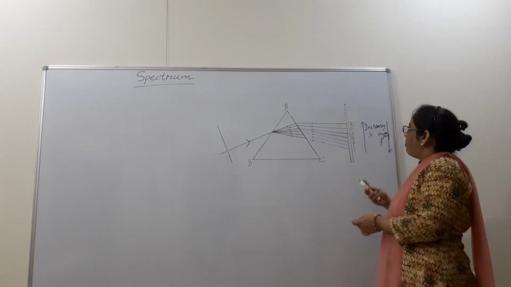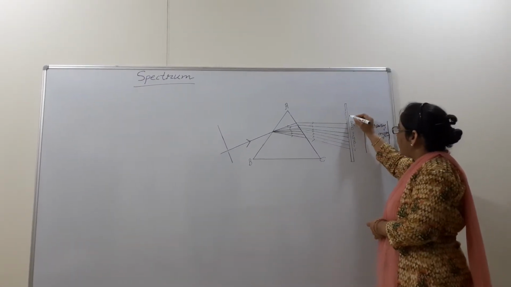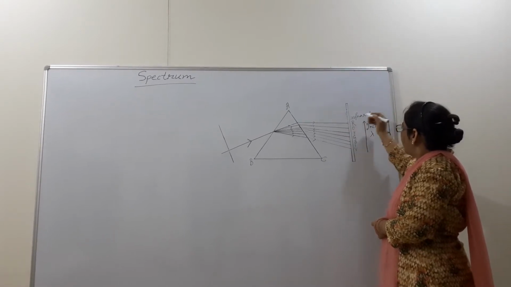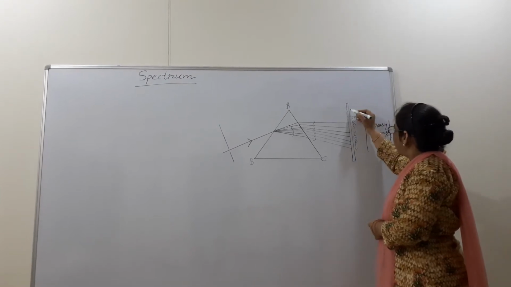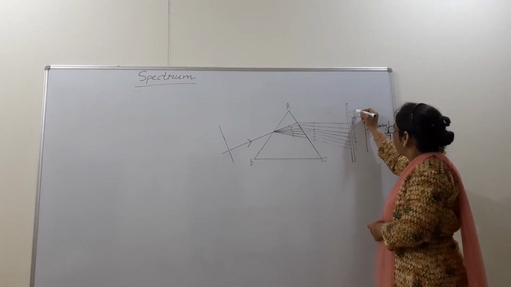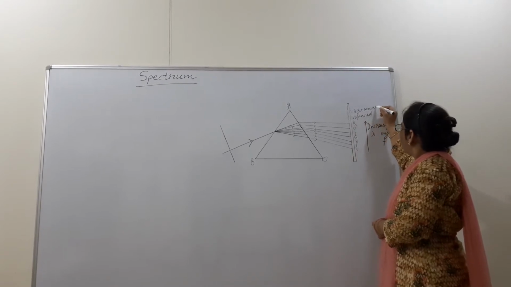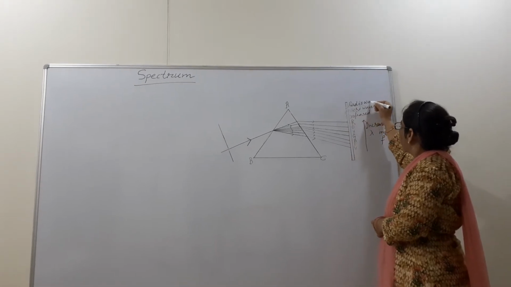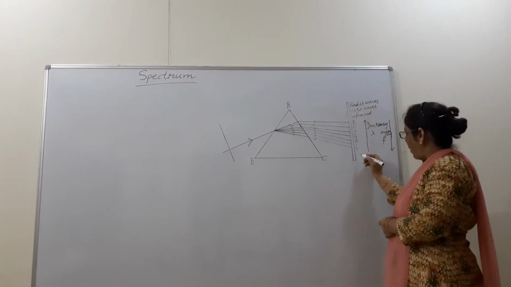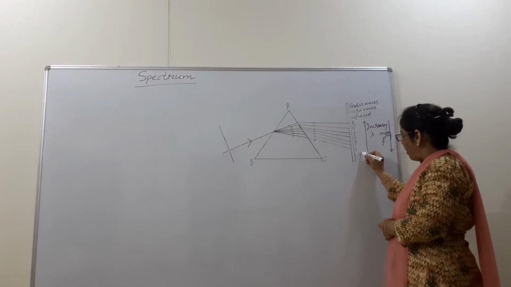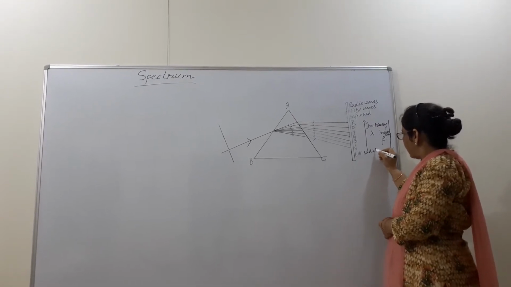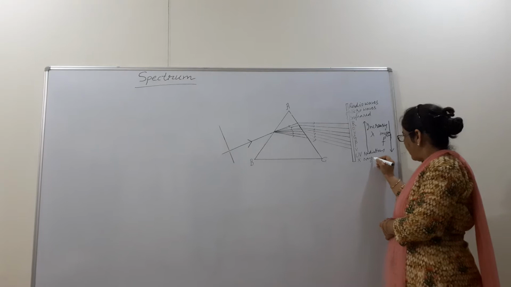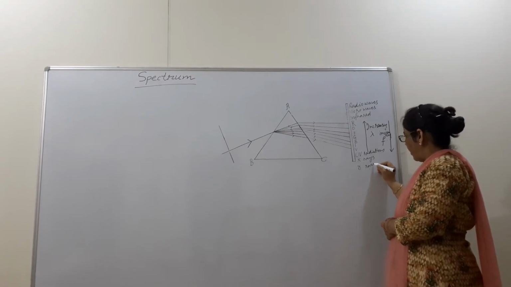Now beta, above the red color, that is the infrared part, then after that there are microwaves, then after that there are radio waves, then below the violet color there are ultraviolet radiations, then after that there are X-rays, and then there are the gamma rays.